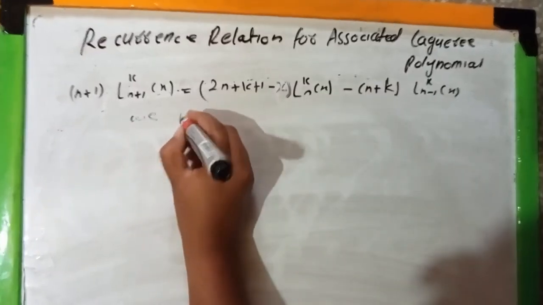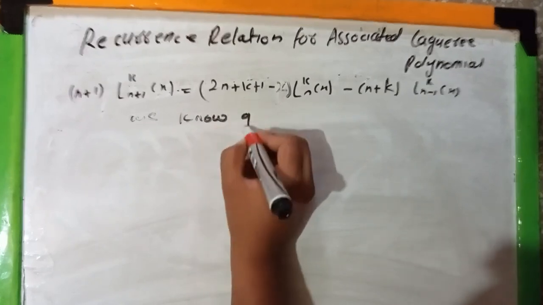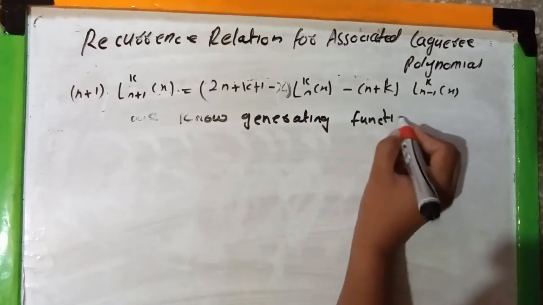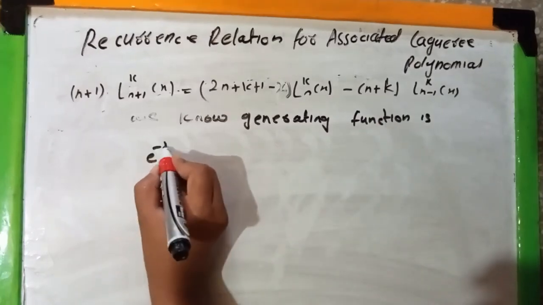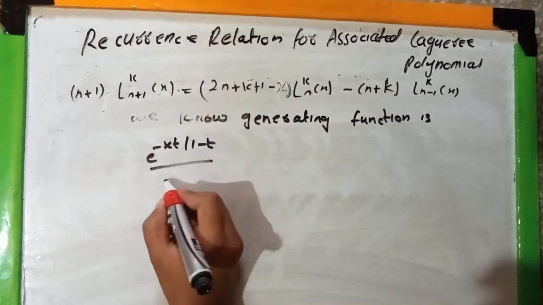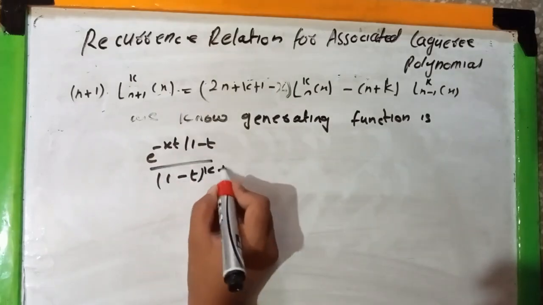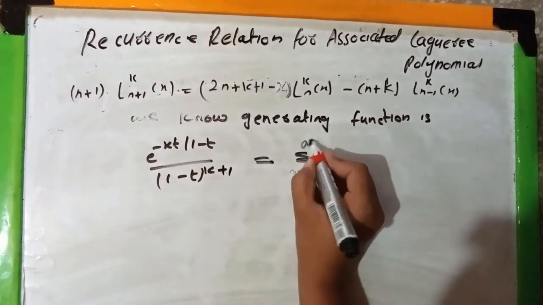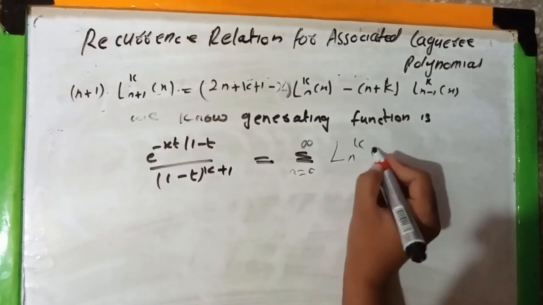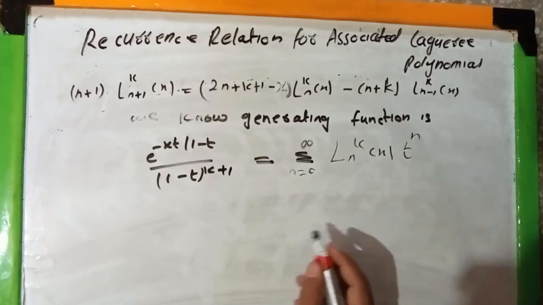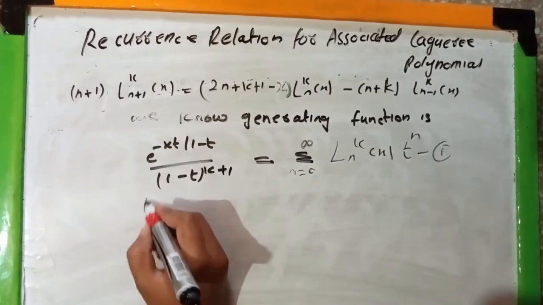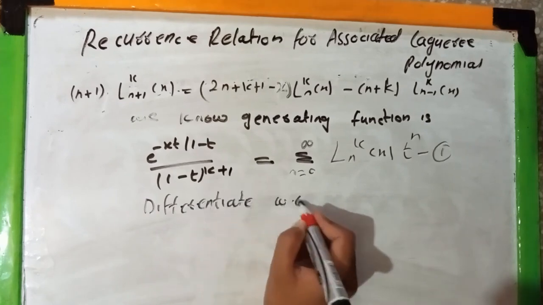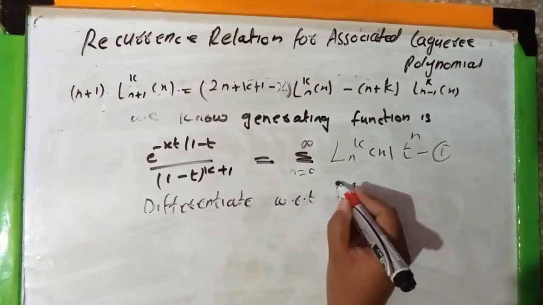We know the generating function is exp(-xt/(1-t)) over (1-t)^(k+1) is equal to summation n is equal to 0 to infinity of L_n^k(x) t^n. This is equation number 1. Differentiate with respect to t. Now we will apply the product rule.